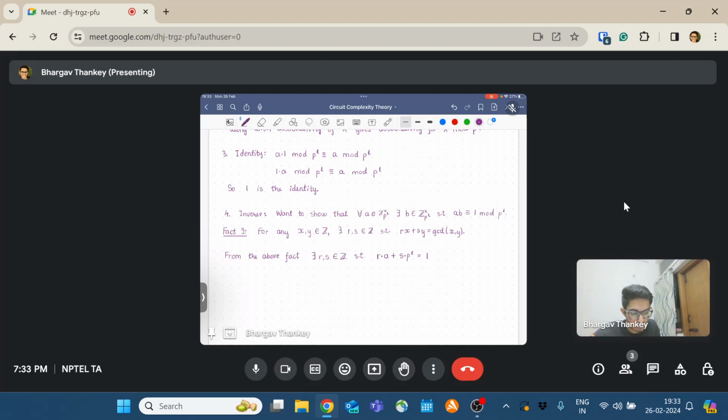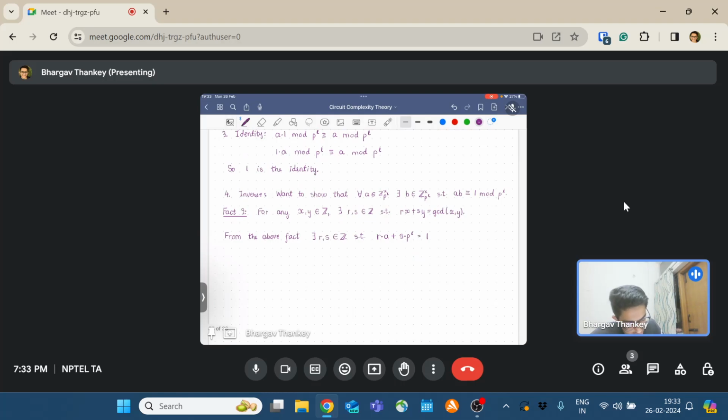Okay, now let me go mod P to the L on both sides. So this implies R times A mod P to the L equals 1, right?